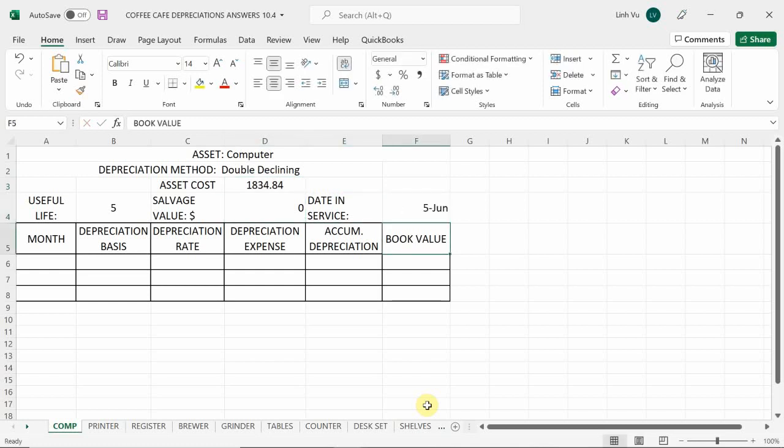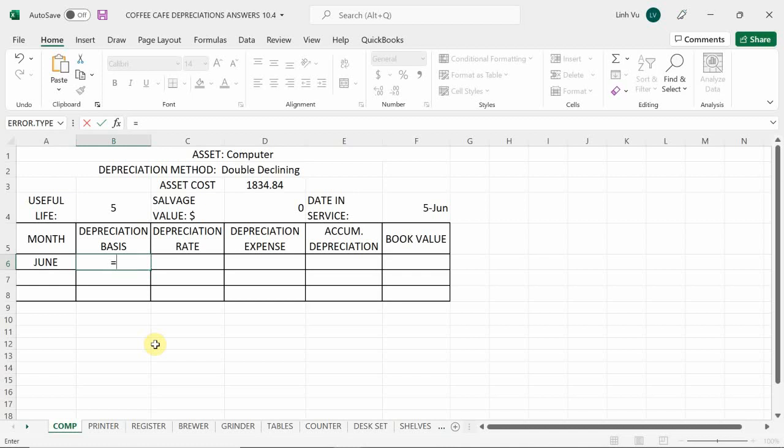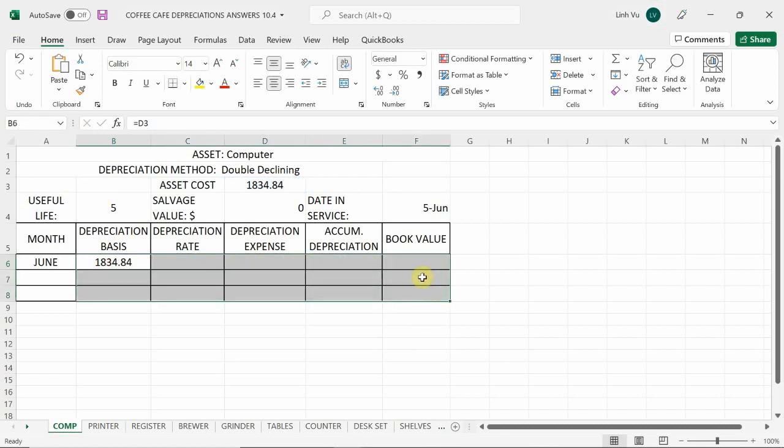So we're doing this for the month of June. What is going to be my depreciation basis? 1,834.84. Okay, good. Because it's going to be the beginning of the year's book value.